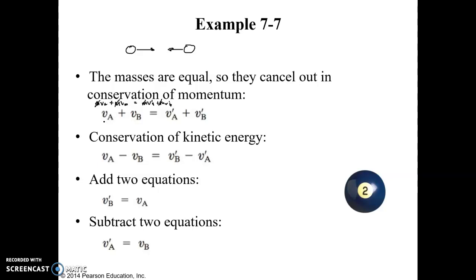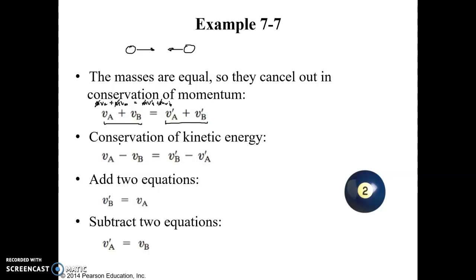So the sum of the velocities of these two objects before their collision is equal to the sum of the two velocities after the collision. But this essentially yields an equation with too many unknowns. We can't definitively solve anything with this equation alone.